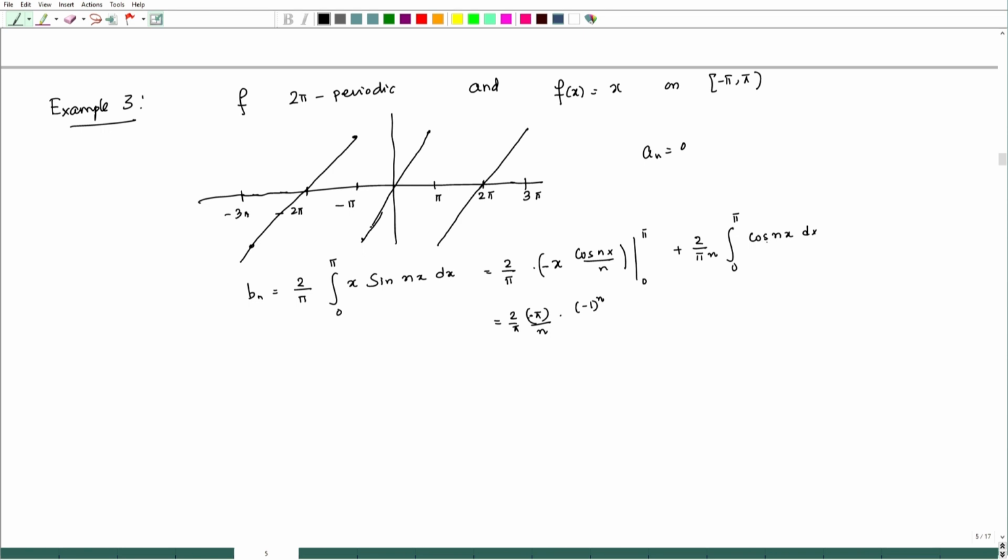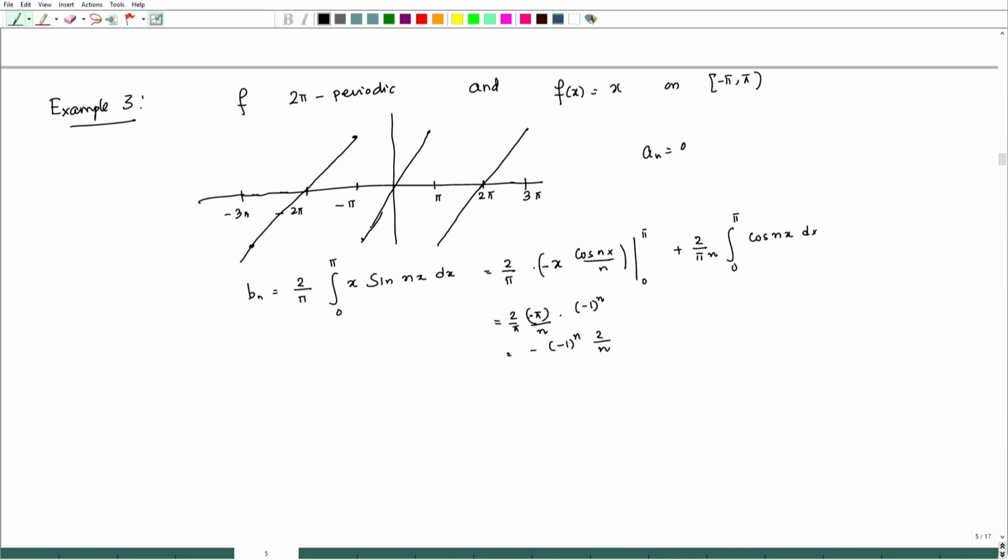Now if I integrate, this is sin n x by n, from 0 to pi. So sin n pi is equal to 0 and sin 0 is equal to 0, so this gets cancelled. Basically what we have got is minus the negative of minus 1 to the power n times 2 by n. That is what we have got.